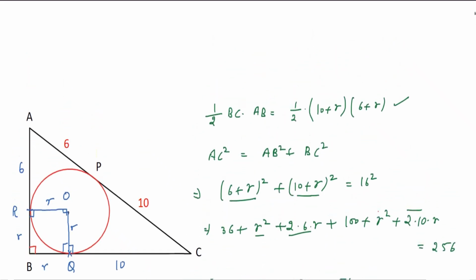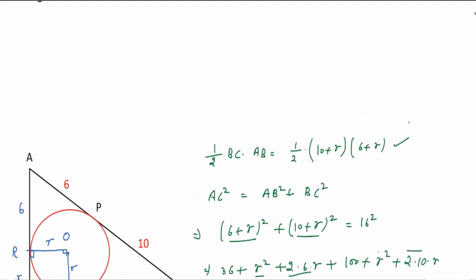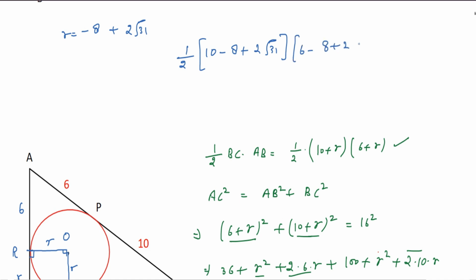So if we put this value of r over here, from here we can write the area of triangle as 1 by 2, and the value of r is negative 8 plus twice of square root of 31. So from here we will have (10 negative 8 plus twice of square root of 31) times (6 negative 8 plus twice of square root of 31).